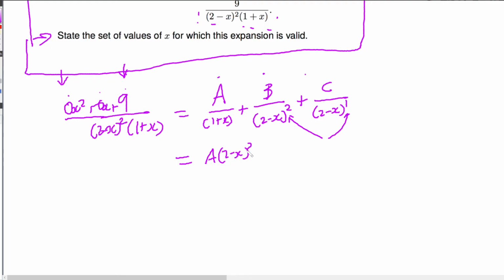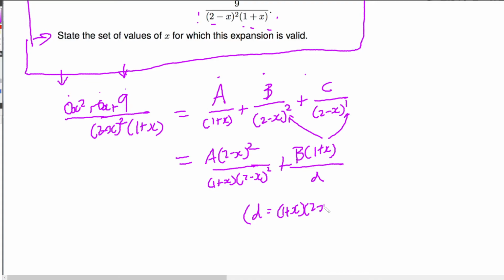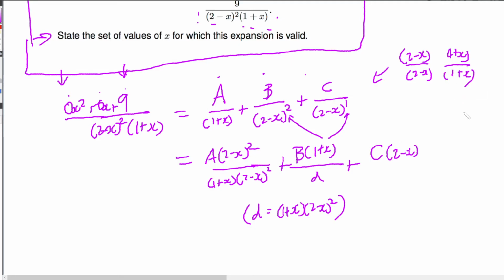a times (2 minus x) squared over (1 plus x) times (2 minus x) squared plus b times (1 plus x) over the denominator, which I'm just going to write as d for simplicity, plus c times (2 minus x) to get the denominator to a power of (2 minus x) squared, because really what we're doing is multiplying by (2 minus x) over (2 minus x), or (1 plus x) over (1 plus x) as appropriate to get the denominator to be equal to d, times (2 minus x) times (1 plus x) over d is equal to 9 over d.